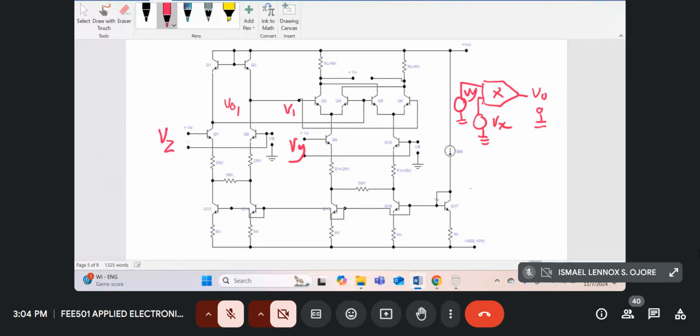In fact, I'll start with R1 equal to 0. Then case 2, R1 is equal to 25K. Then show that the cell itself can multiply. Then later on in another analysis, we shall show the function.